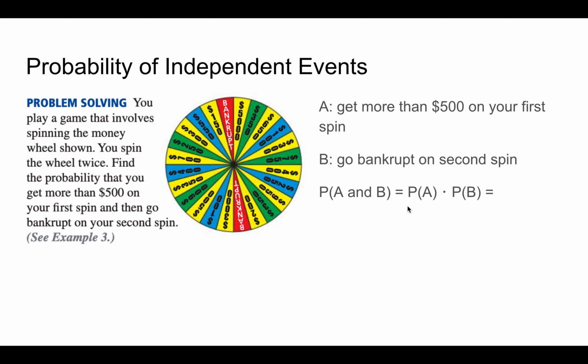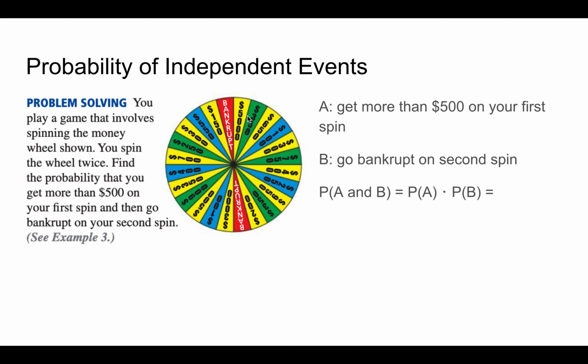So what is the probability that we get more than $500 on our first spin? We're going to spin it. We're going to assume all these possibilities are equally likely. So basically we're going to think how many do we get more than $500, and then how many possibilities are there total? Well, total, we would just count up all these options.